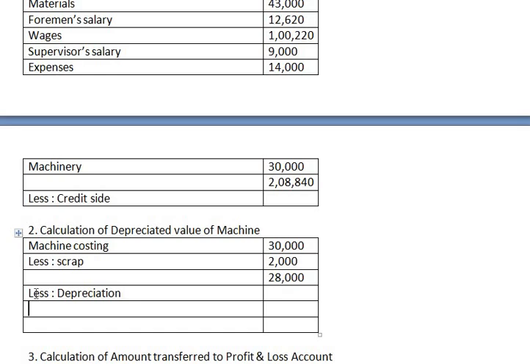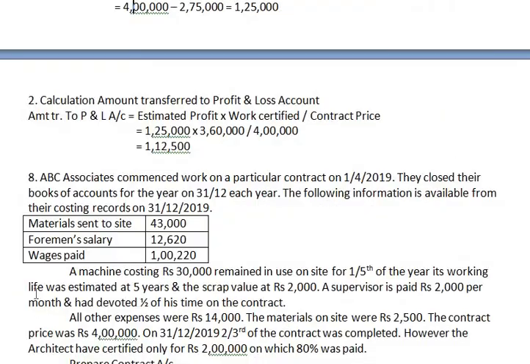You can show the calculation over here. That is 28,000 divided by, now the working life of machine is given as 5 years, into 1/5. This machine is used for this particular contract for 1/5. They have given it over here. You can read: a machine costing rupees 30,000 remained in use on site for 1/5 of the year, its working life was estimated at 5 years.